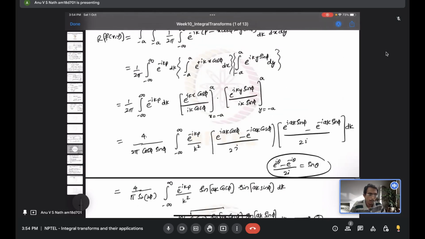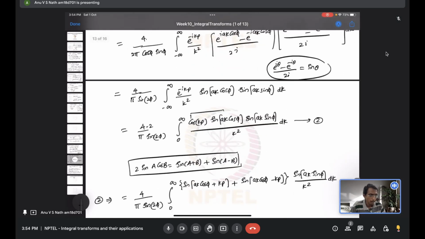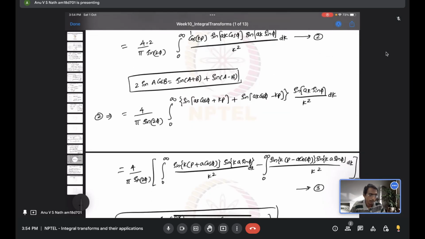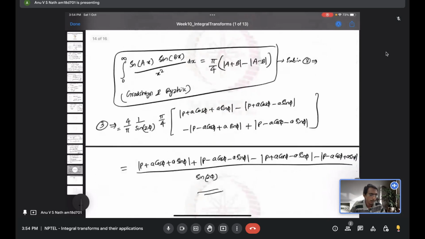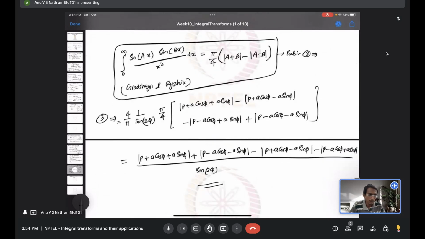If you change the order of integration, the integral over the entire real line, minus infinity to plus infinity, comes outside. The other 2 integrals we can simplify, and it becomes an integral of the product of sines. After some manipulations, from the table of integrals we will find the solution, apply that, and we will get the solution. So I hope that is clear.